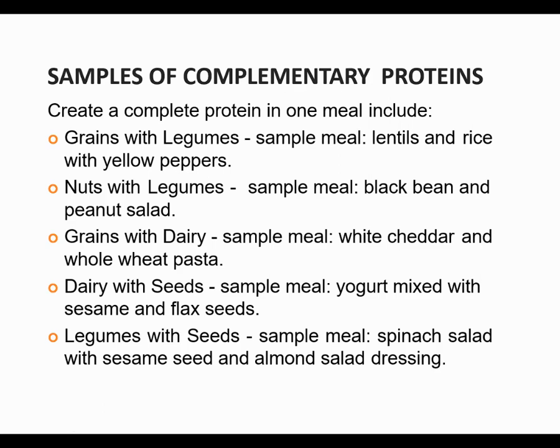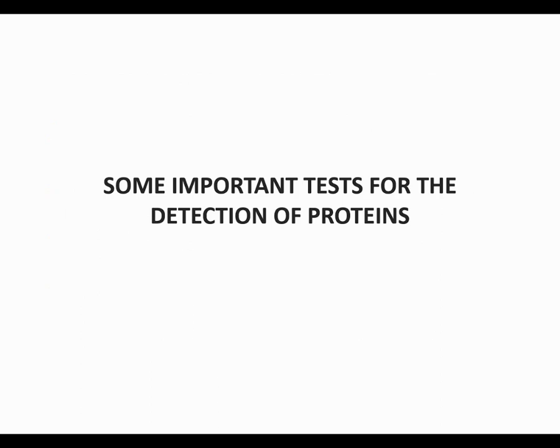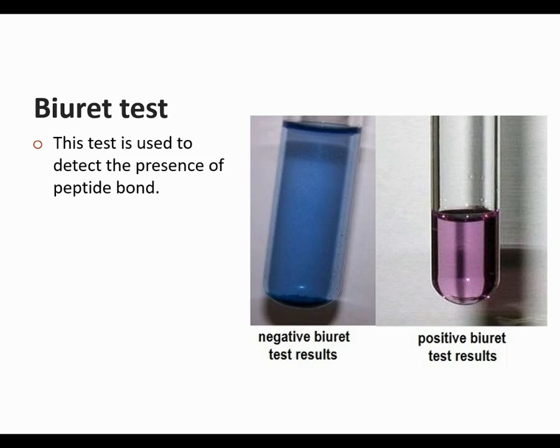So that is all for classifying proteins. So let's go now to detection of amino acids. Okay. So the first test that we use in detecting amino acids is the Biuret test. It identifies the presence of the peptide bond.